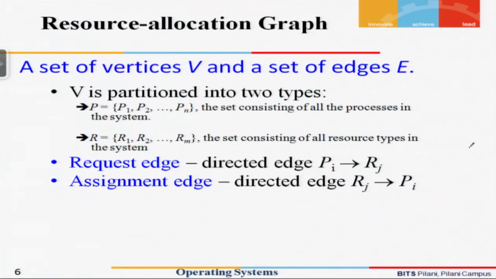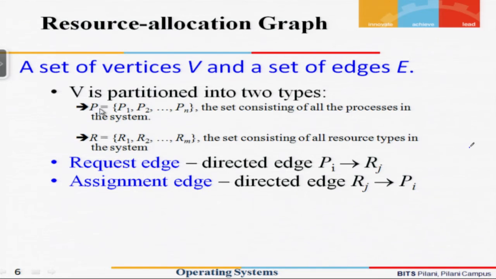One type is P, the set of vertices corresponding to the processes, and R is the other set of vertices, that is, resources. So P is the set of processes depicted as vertices, and I can say this set has processes P1, P2, up to Pn.